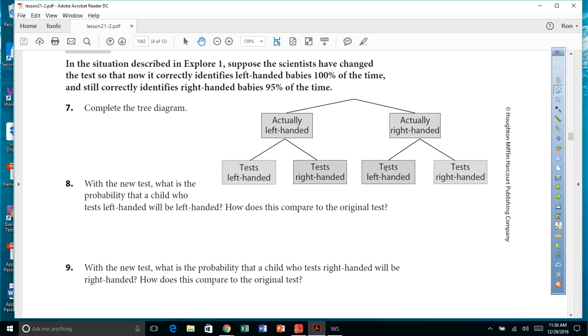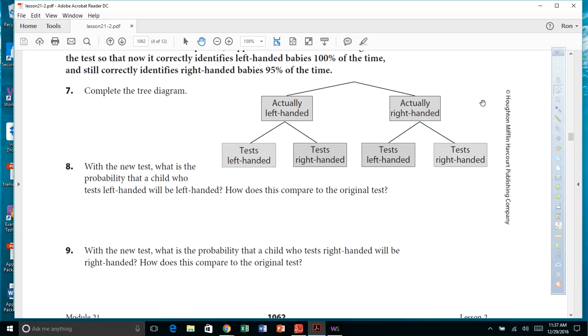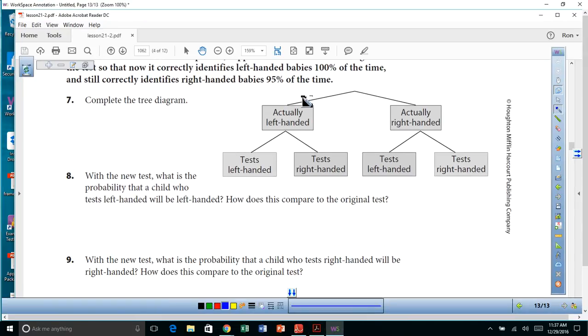In the situation described in Explorer 1, suppose the scientists have changed the test so that it now correctly identifies left-handed babies 100% of the time and still correctly identifies right-handed babies 95% of the time. Well, let's go back. So actually left-handed was 0.10, right-handed was 0.90. 90% are right-handed, 10% are left-handed, right? So test left-handed, that would be 1.